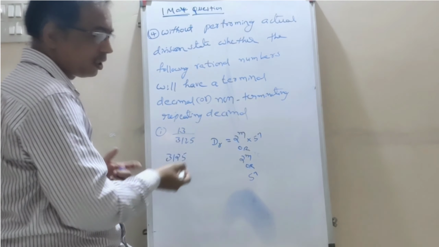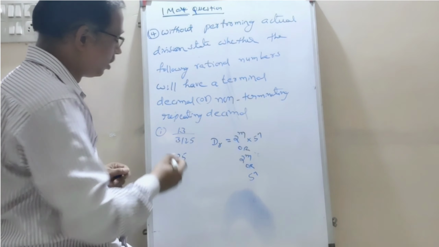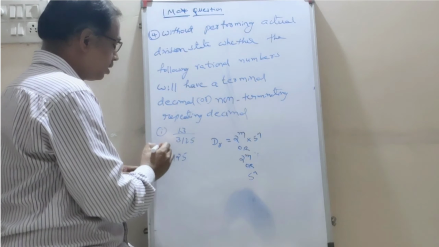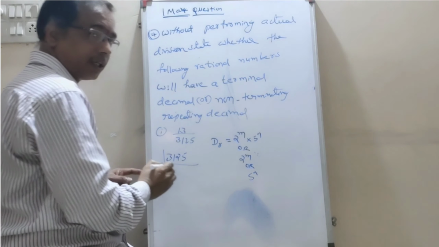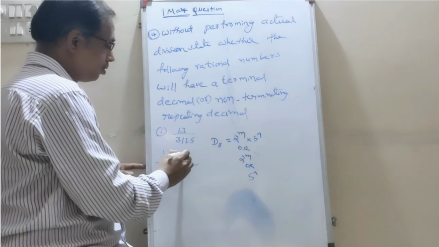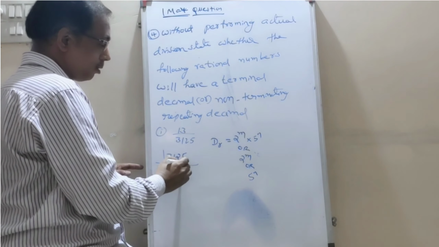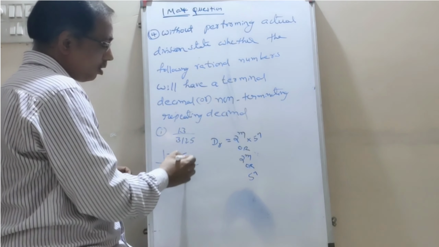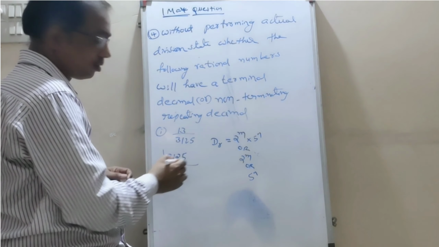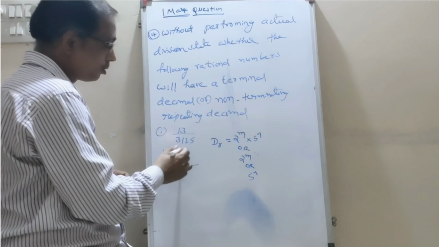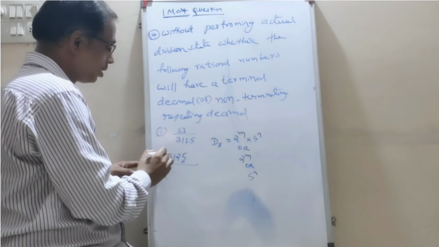Okay. So now we have 3125. To do this one again, we have to do the prime factorization. So take the denominator 3125, going by which table? The 5 table. Why? Because in the units place we have 5, so it must be divisible by 5.